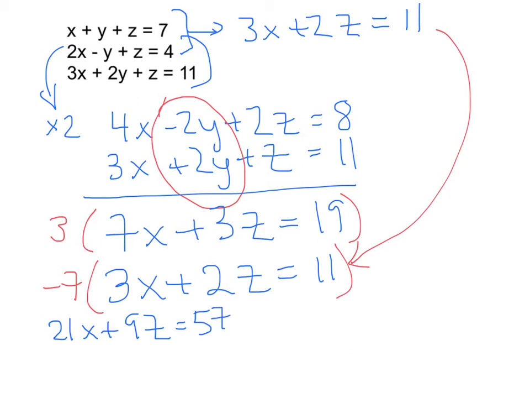And on the bottom, I'm going to get negative 21x minus 14z equals negative 77.